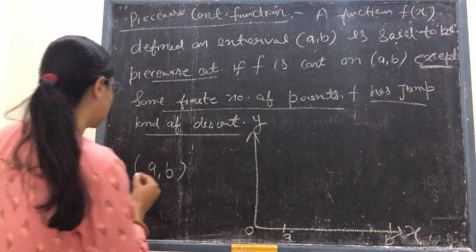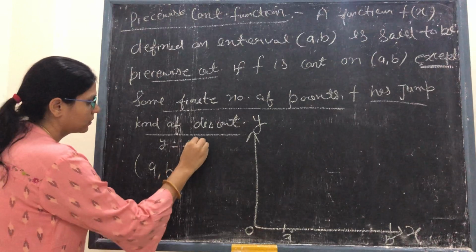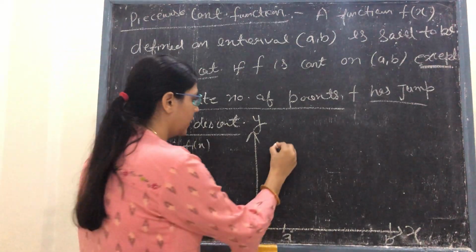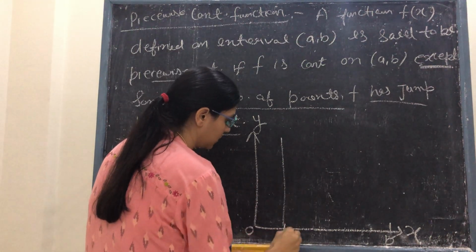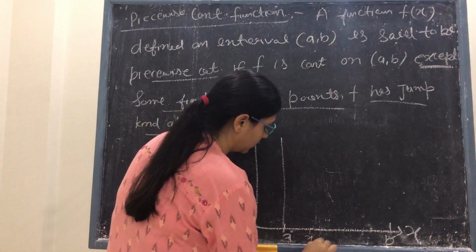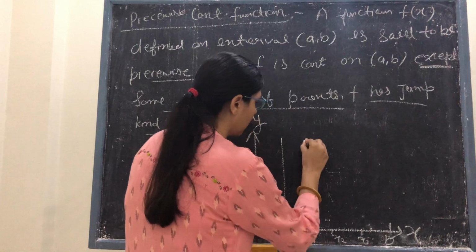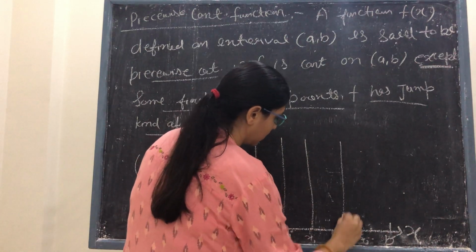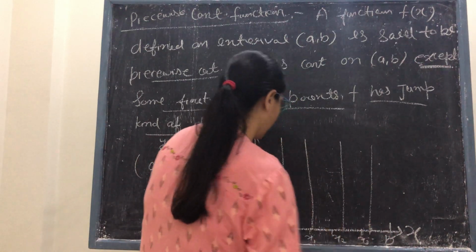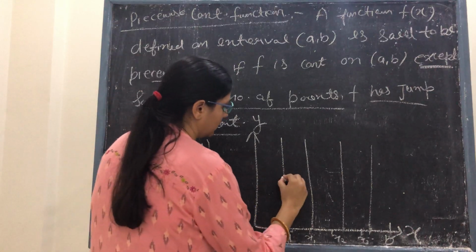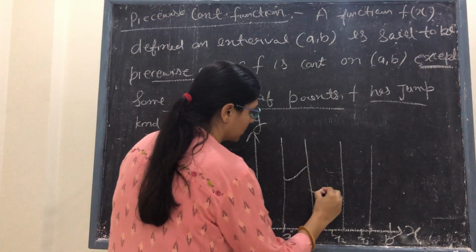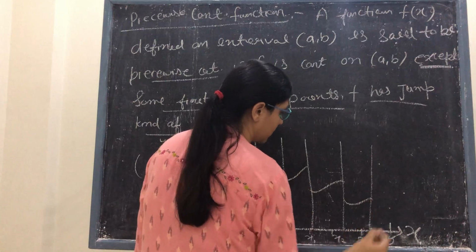Now if we say y equals f(x), this is x1, this is x2, this is x3 and so on. These are the points where f has these values.